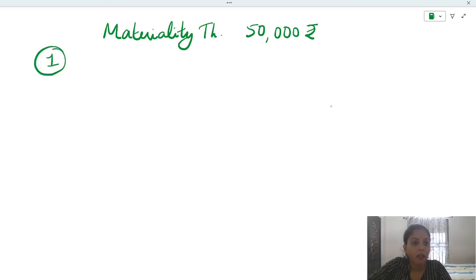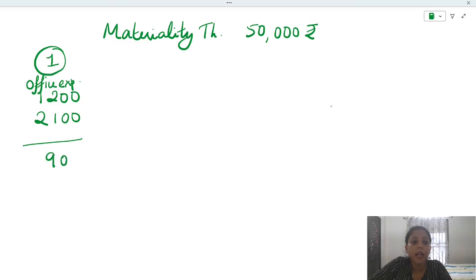Let's take the first case. When he was auditing, he understood that the accountant, by mistake, has entered 1,200 as office expenditure instead of 2,100, which means there is an understatement of expenditure of 900 rupees. This was unintentional, by mistake. He didn't do it intentionally.